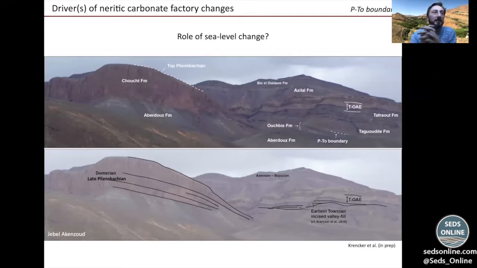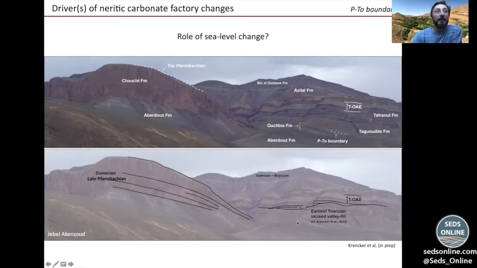And here I bring you back to this really beautiful Jebel Bou Dahar transect, where you can see this shallow water, inner part of the platform, the late Pliensbachian, dominated by these lithiotids, and then how this transitions into the deeper water. So here you have deeper water settings, and a few hundred meters later, you have shallow limestone alternations. So you can really nicely see how this transitions into that.